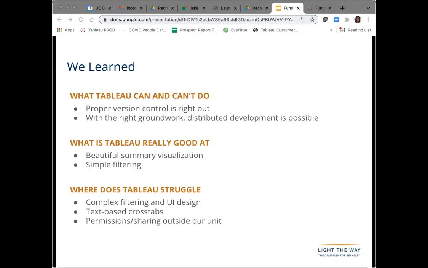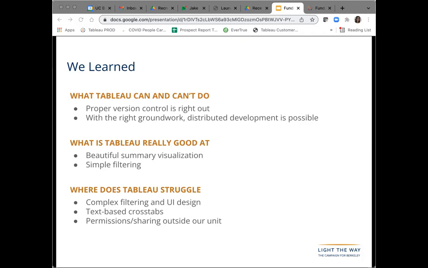The other thing that I think we already knew is that Tableau is really good at data visualization. It's really easy to make really beautiful charts that are appealing, both eye-catching and informative. And that's what we really want.